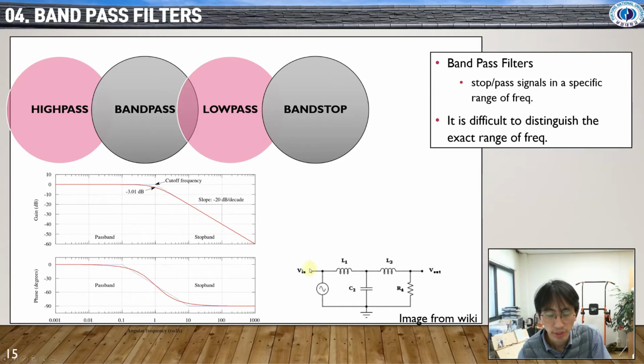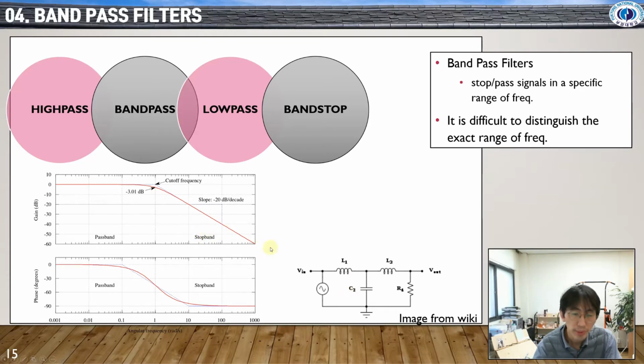The right image here is the implementation of a low pass filter in hardware using an inductor, capacitor, and resistor. It's not that difficult to implement, and we can also implement this filter using software.